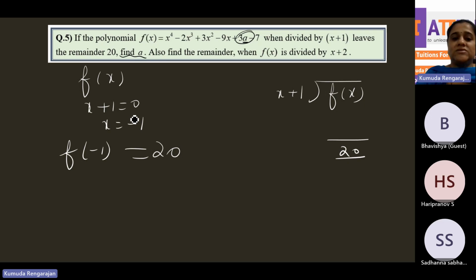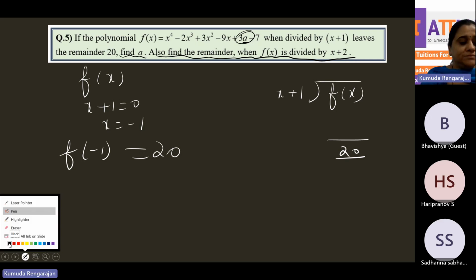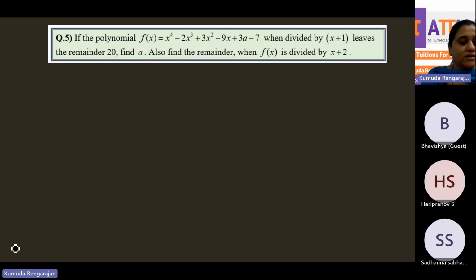Now, the next question is, also find the remainder when f of x is divided by x plus 2. Once you find the value of a, supposing you work and you get the value of a as 4, then what is f of x? This is 3 into 4. I'm saying, for example, a is equal to 4. Then 3 into 4 is 12, and 12 minus 7 is 5.